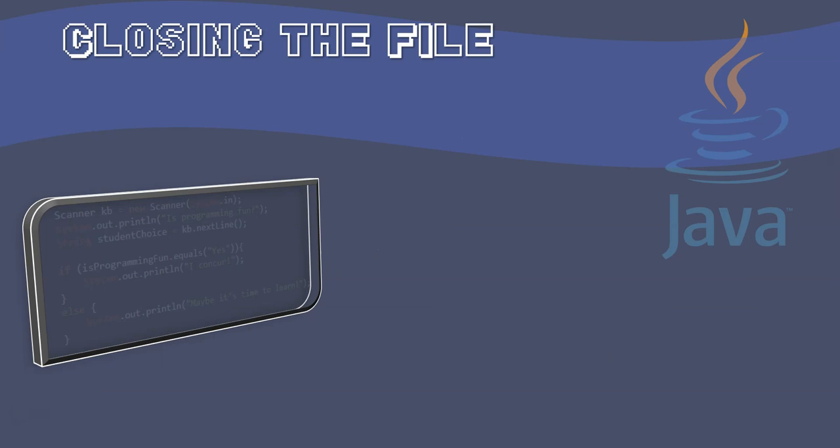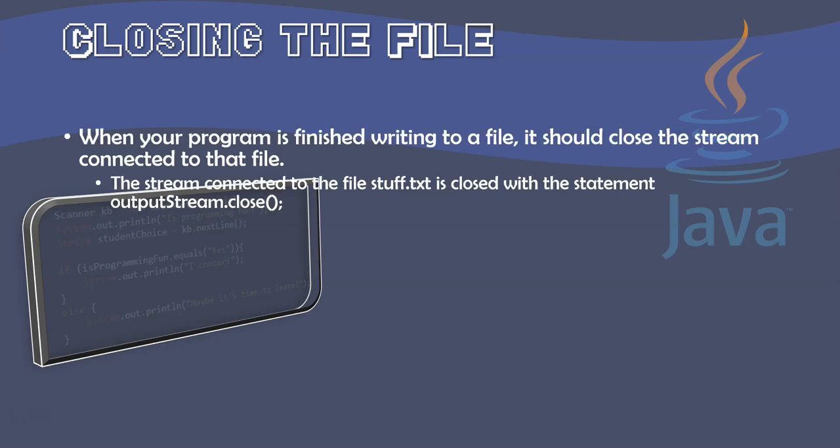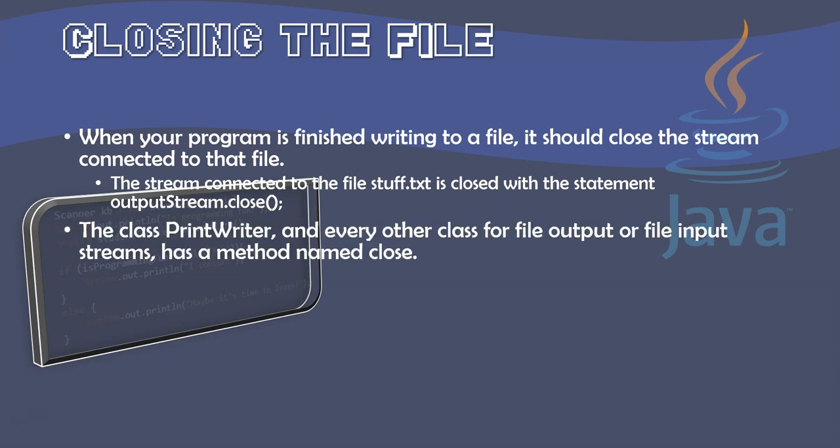Now, obviously, when we're done with the file, we have to make sure we close it. Closing the file is very important, just like with our input streams. Output streams are the same way. When our program is finished writing to the file, it should close the stream that's connected to it, which of course we do with outputStream.close. The class PrintWriter and any other class for file input or output streams has a method named close.